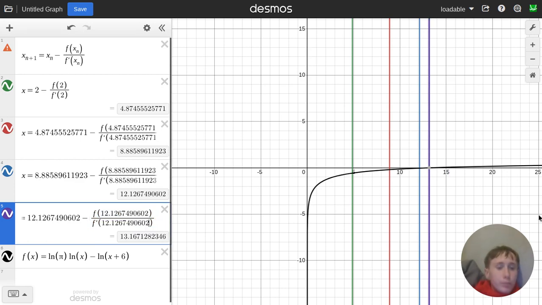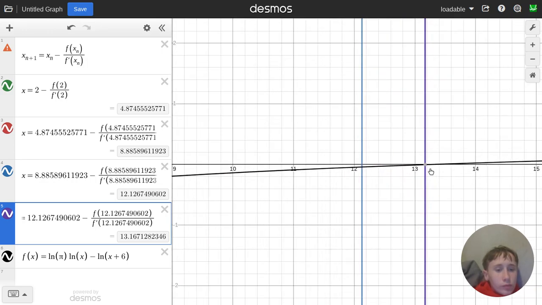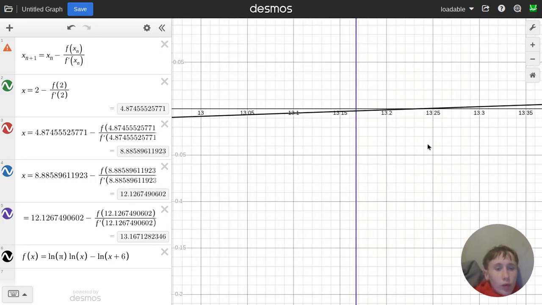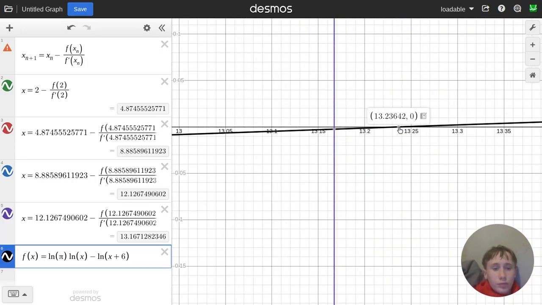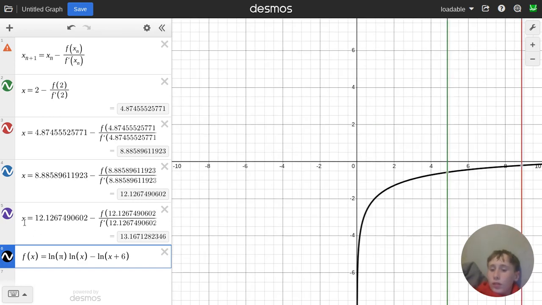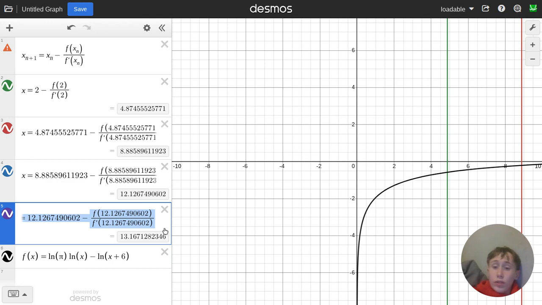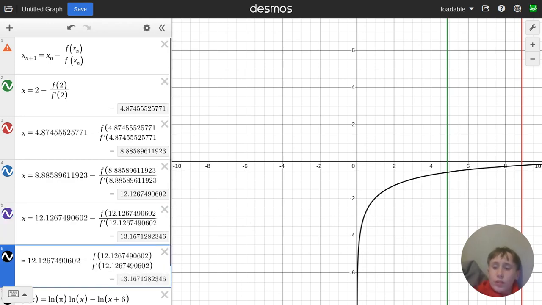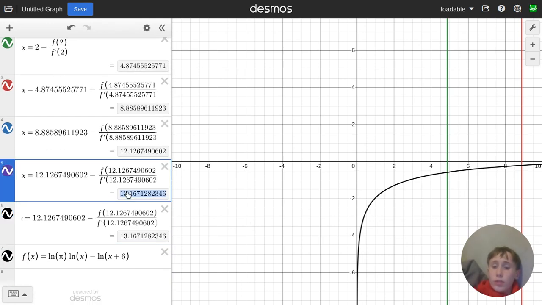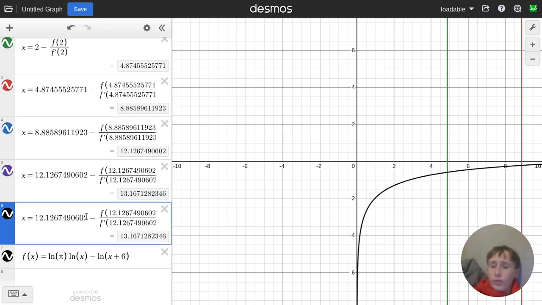Okay. Already really close. We just need to get to 13.23642. Like I said, usually you probably wouldn't even pick 2 for the original thing, so you could do this even faster, but the point isn't really that this will get it super quickly.